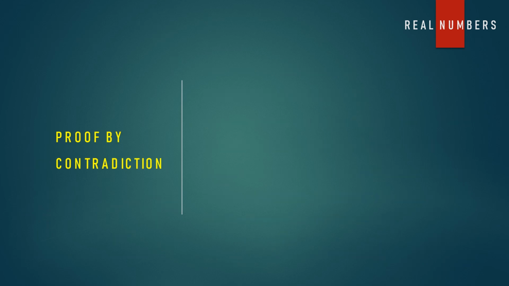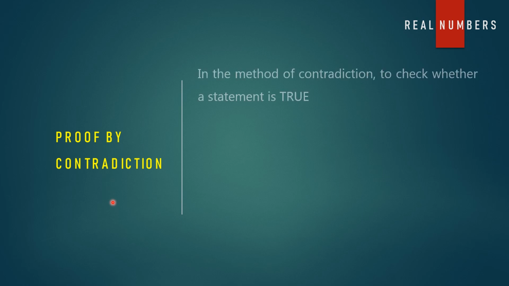Now in this topic we are going to talk about a new method of proving statements, that is proof by contradiction. Contradiction means nothing but opposite. In what way will you prove the given statement by using the method of proof by contradiction?